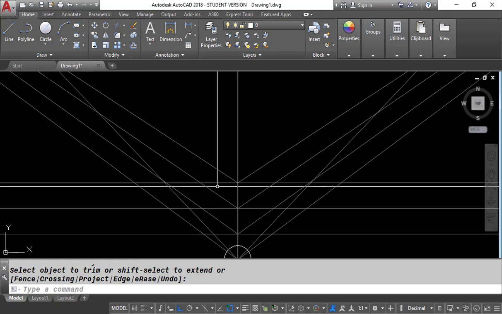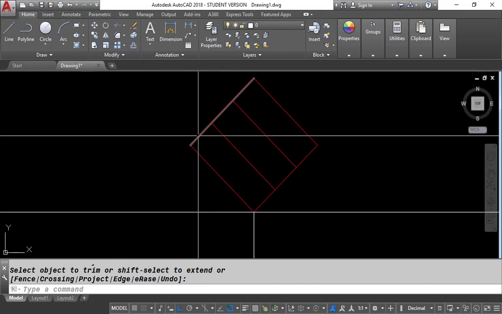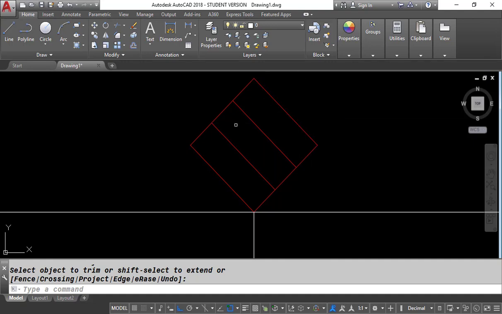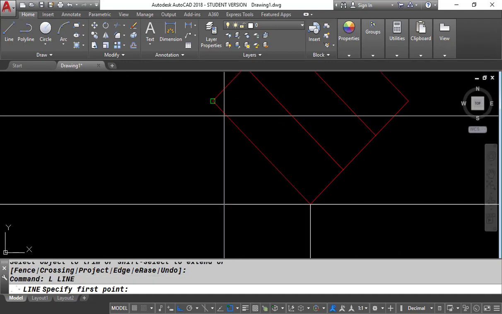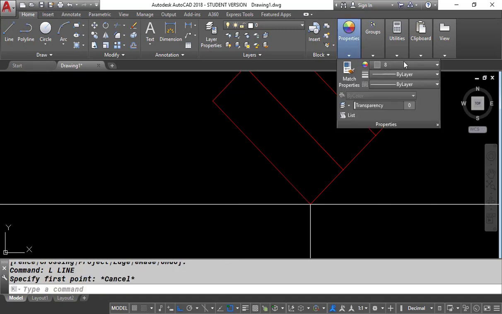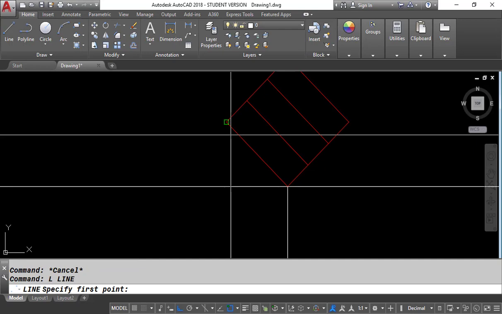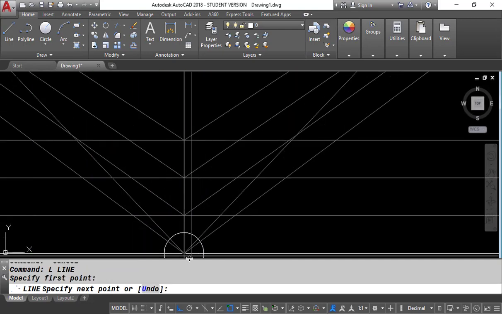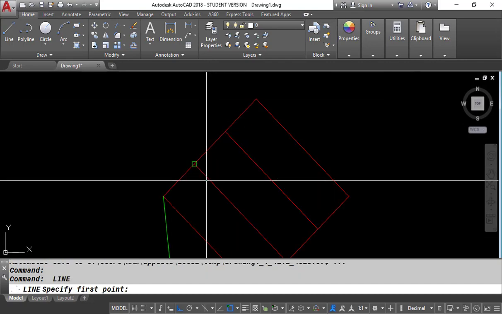Okay, after drawing all these lines, our next step is what? We have to connect all these plan lines to the station point. So how to connect? First of all, you have to draw the line. Let's say I will change the color of the plan line, let's say green. So I will draw the line from here to here, connecting all these lines to the station point.